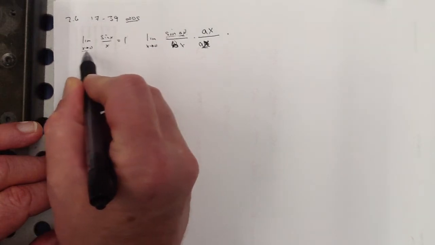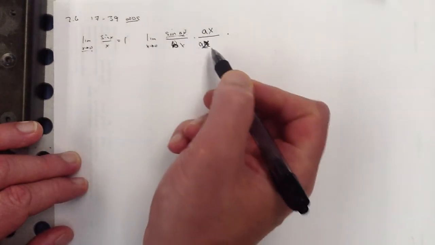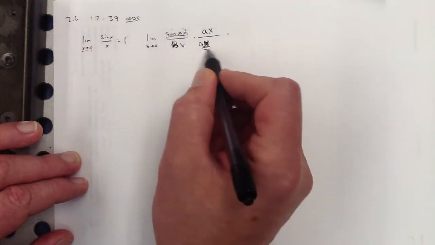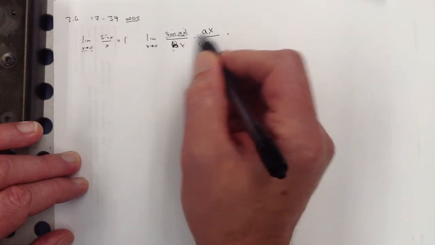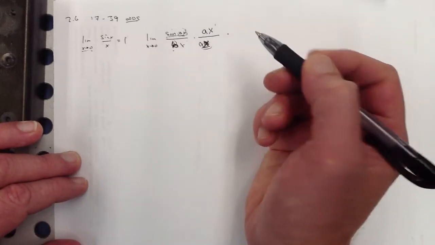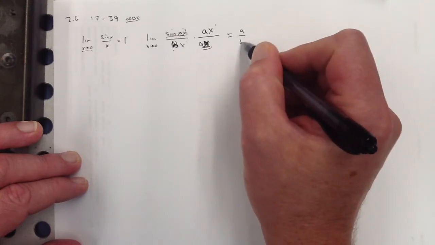As long as x is going to 0, well then ax is going to 0 too. So this turns into a 1, and then if you have ax over bx, well that's just highest power, top and bottom is 1, so that's equal to a over b.